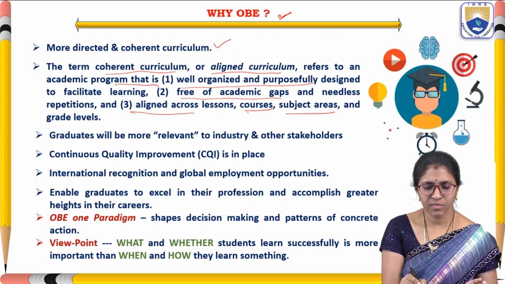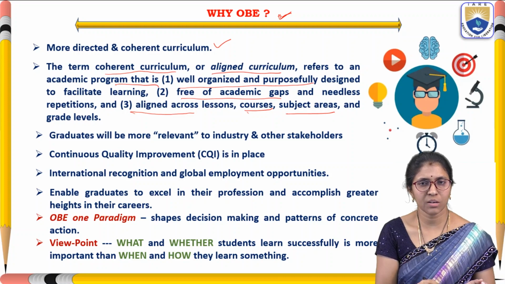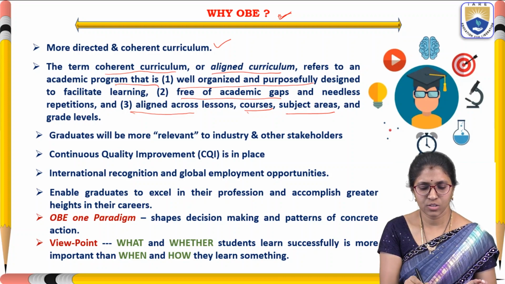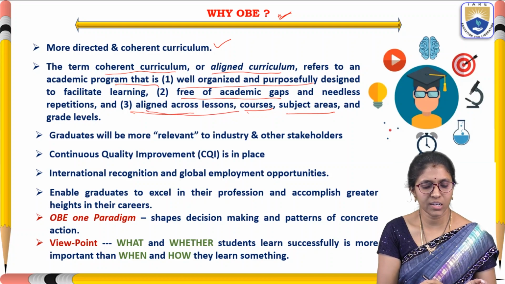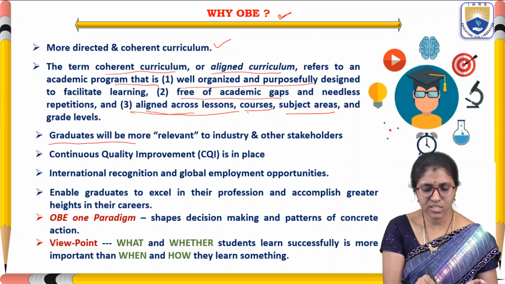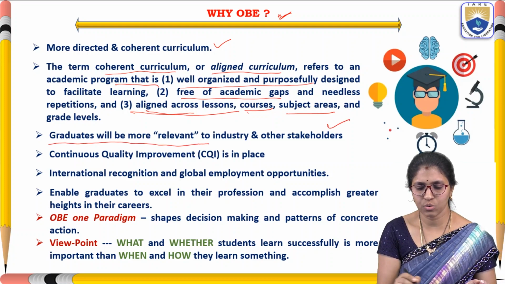It is well organized and purposefully designed to facilitate learning. It should be free of academic gaps and needless repetitions, and it should be aligned across lessons, courses, subject areas, and grade levels.